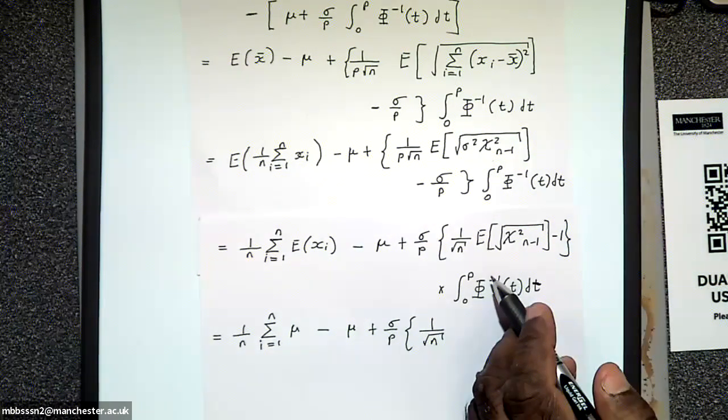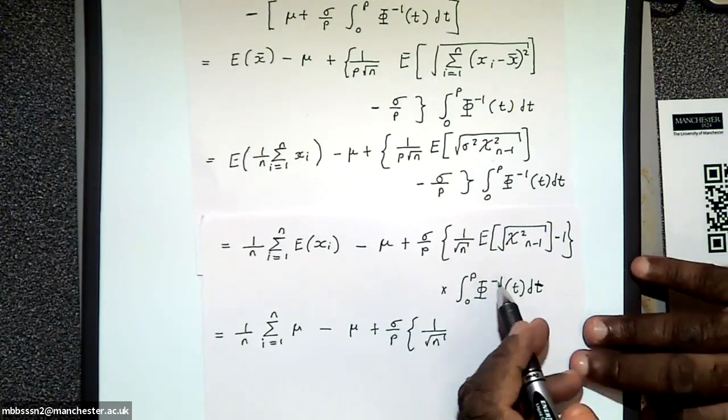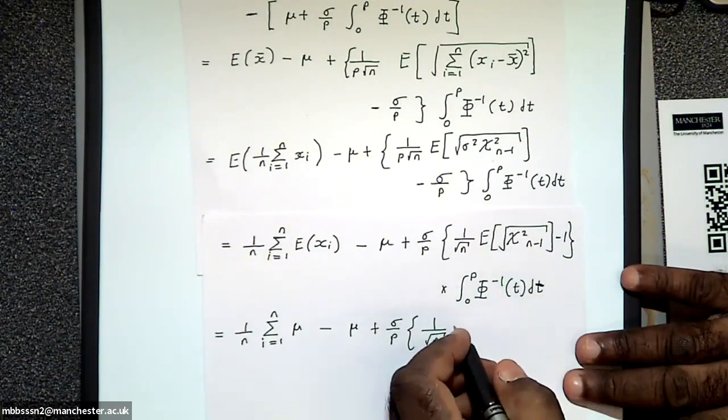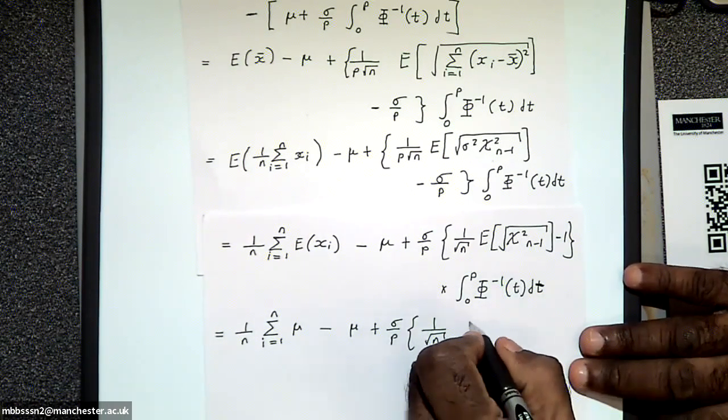Now it can be shown, I don't expect you to know this, but it can be shown that the expected value of the square root of a chi-squared variable is given by the following.